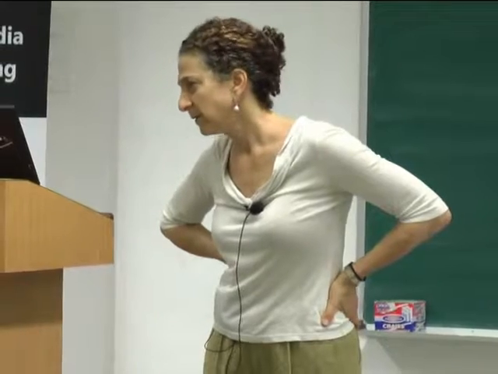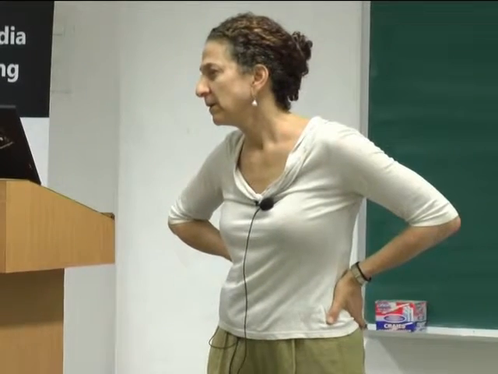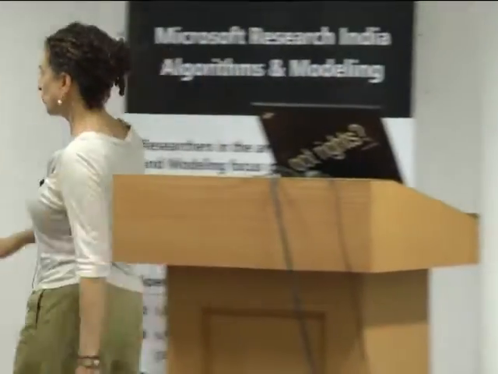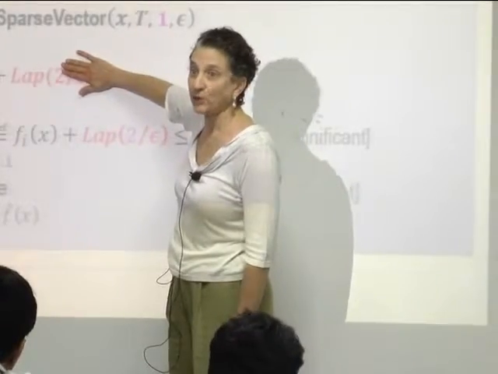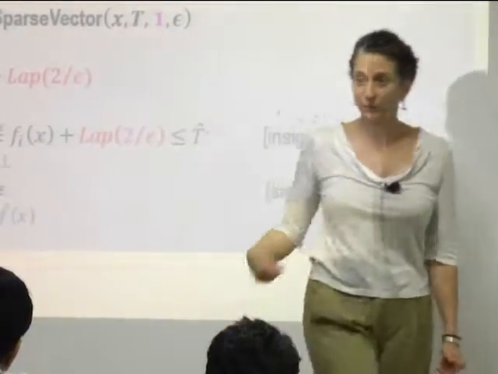Every time a query was asked, wasn't a new noise sampled from Laplace 2 over epsilon? Yes, new noise was sampled here, but not here. And we need that for our privacy proof.